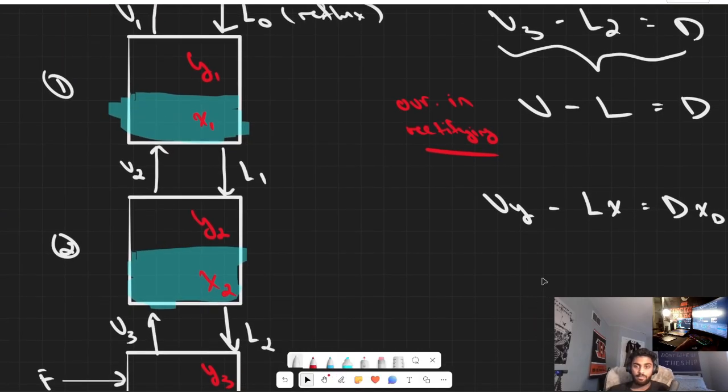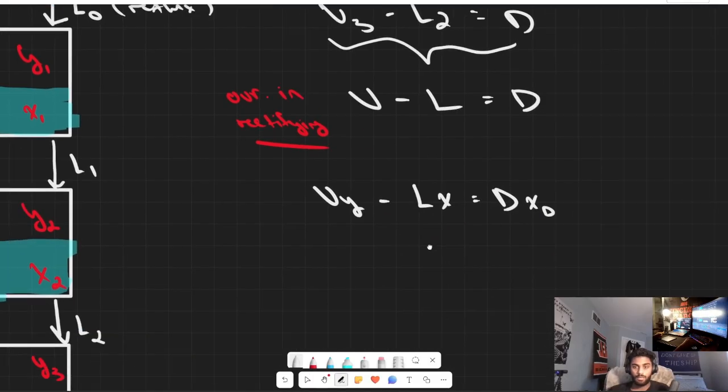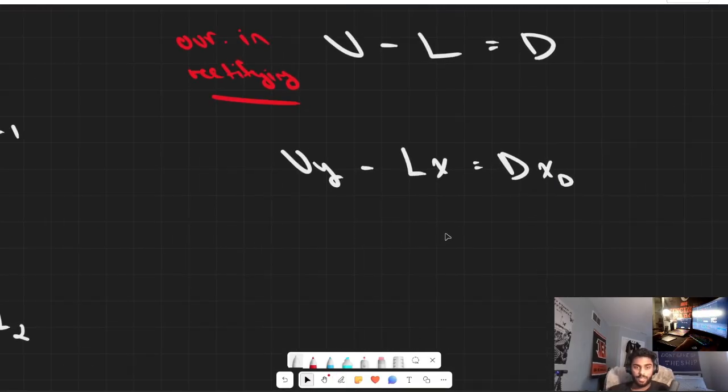So we know that our vapor is coming from the stage below, and our liquid is coming from the stage above. So since we are increasing stage number and going down, we'll say something like y, and we'll use a counter, so V y(j+1) minus L x(j) is equal to the distillate times the liquid mole fraction in the distillate.